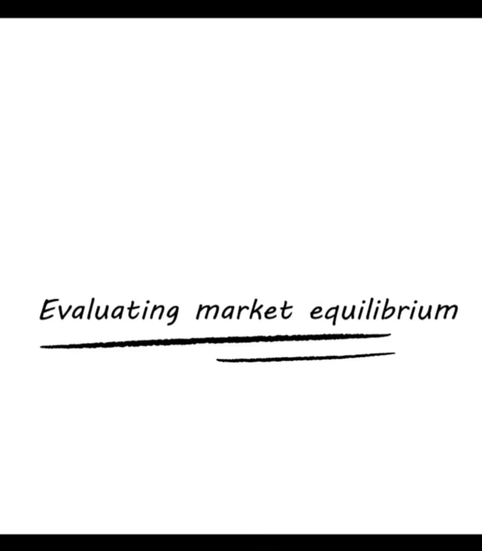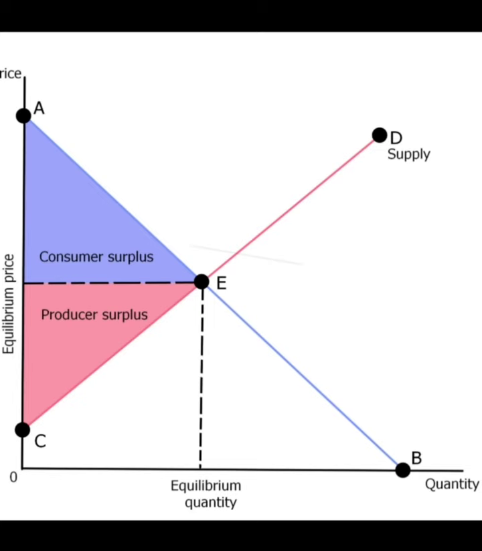We are now entering the market equilibrium and how to evaluate it. This graph shows consumer and producer surplus when a market reaches the equilibrium of supply and demand. Total surplus, the sum of consumer and producer surplus, is the area between the supply and demand curve up to equilibrium quantity.